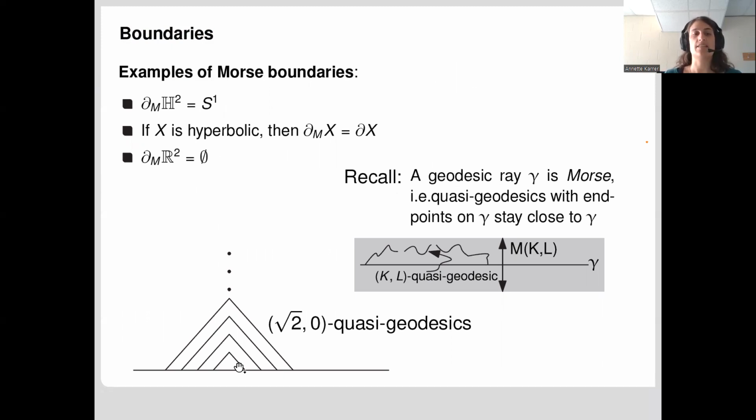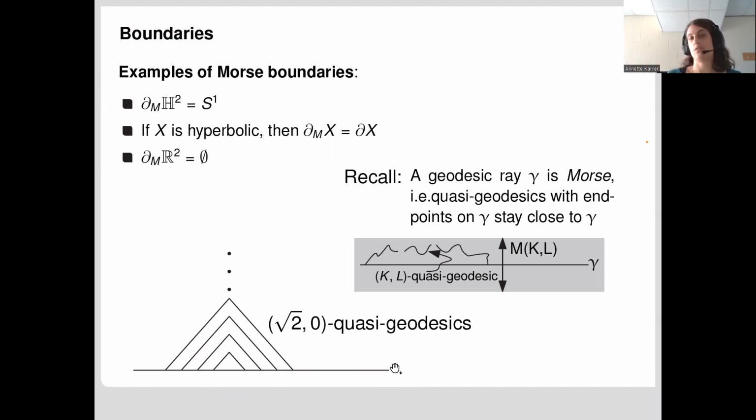Why? Here we see an example. We see this geodesic ray here with the square root 2, 0 quasi-geodesics. And all these geodesics here are square root 2, 0 quasi-geodesics. But we see that these quasi-geodesics go arbitrarily far away from this base geodesic ray.